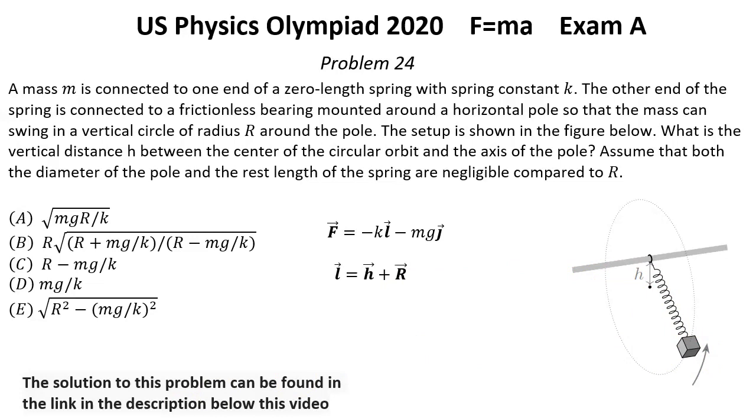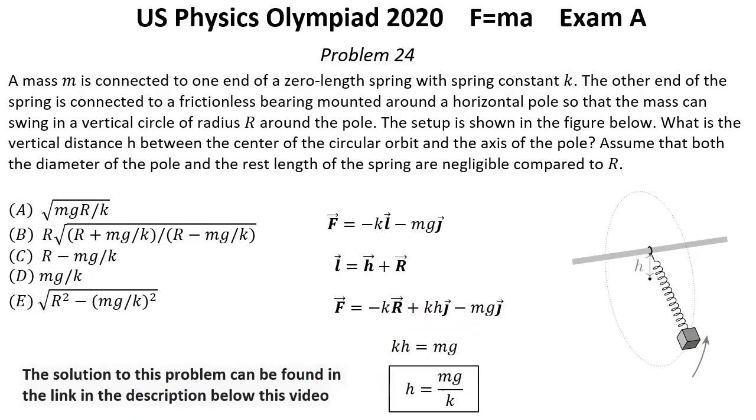And now we have this equation, and for the point below the pole h to be the center of rotation, we have to equalize the second and third members to each other. kh equals mg and h equals mg over k, which is answer D, and that was the solution for problem number 24.